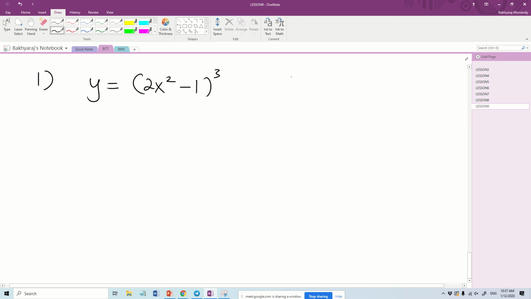So what is the chain rule? dy over dx equals dy over du as a numerator times du over dx as a denominator. The remaining empty place I substitute with du and du. So that is the chain rule. If you can follow this, you can solve any problem with the chain rule.